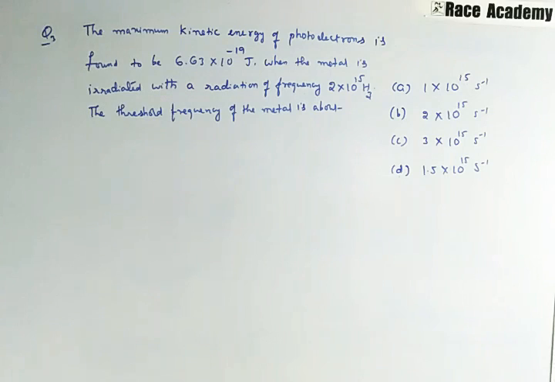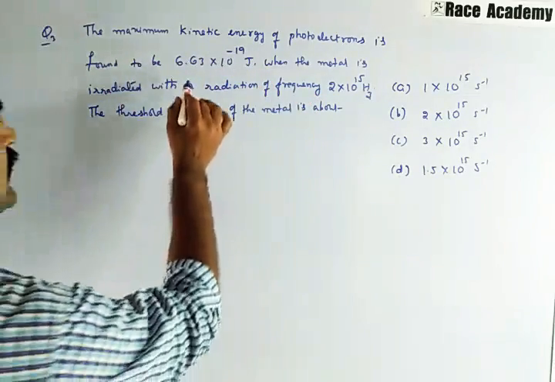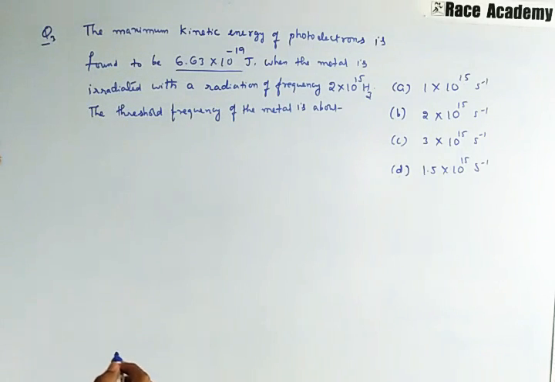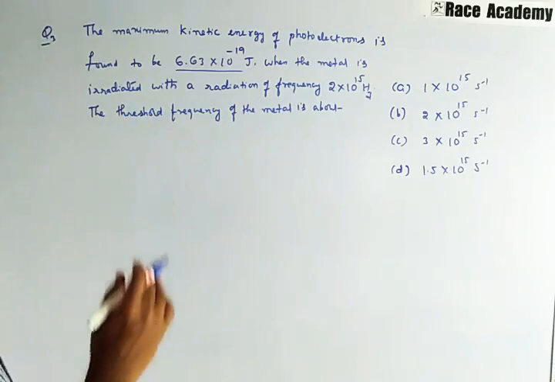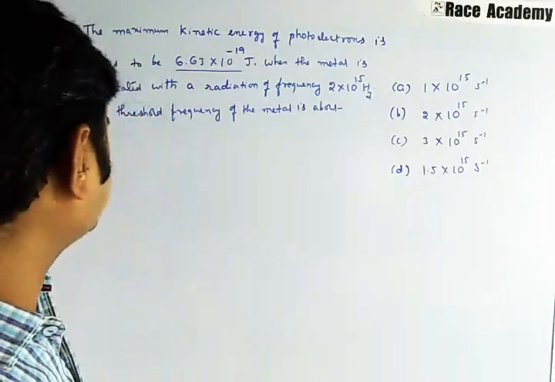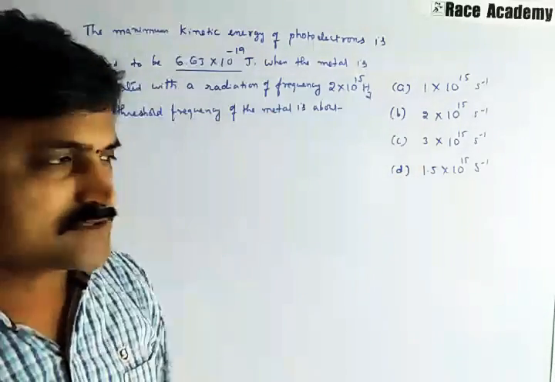Okay, now we will see the next problem. The maximum kinetic energy of photoelectrons is found to be 6.63 into 10 to the power of minus 19 joules when the metal is irradiated with radiation of frequency 2 into 10 to the power of 15 hertz. The threshold frequency of the metal is about.